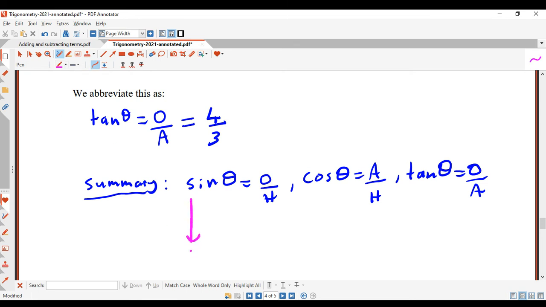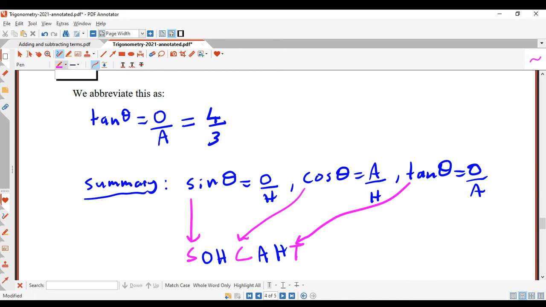We take the first letter, S, and then the O and the H we write down as just O and H. Then we take the first letter of the cosine ratio, write down C, and then we take the other two letters, A and H. And then last of all, we take the first letter of the tan ratio, T, and then we take the two letters remaining, opposite divided by adjacent, and we write that down.